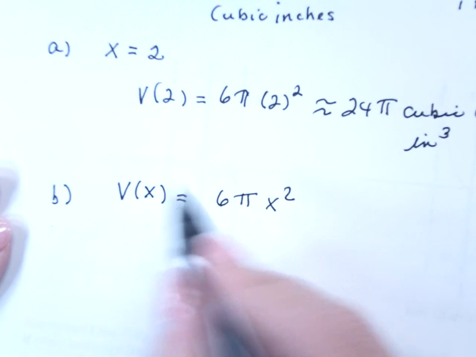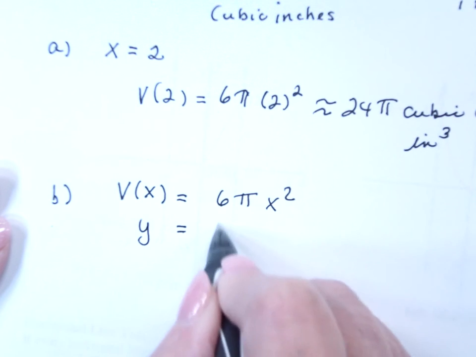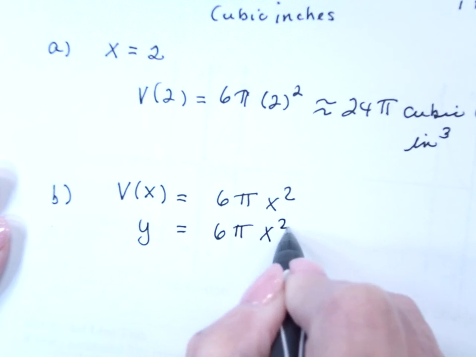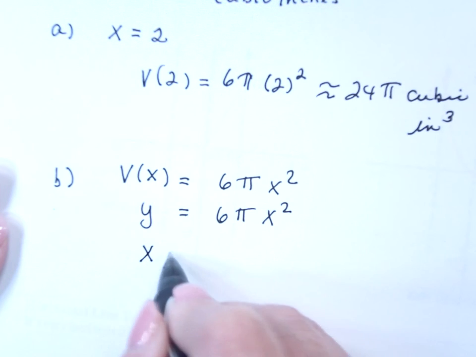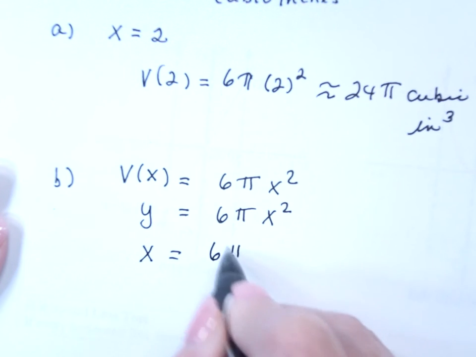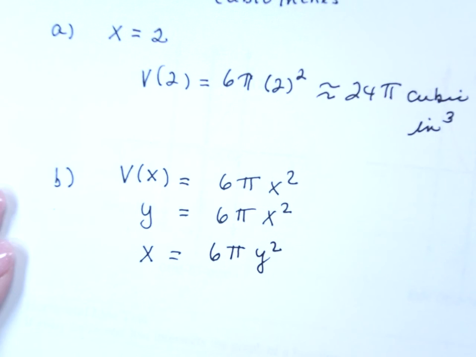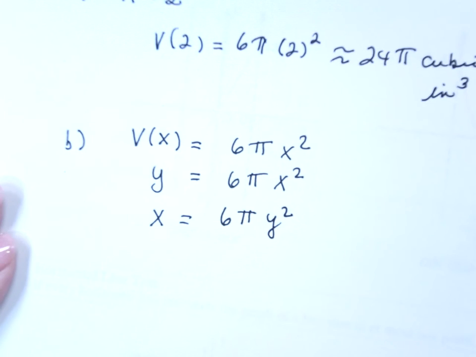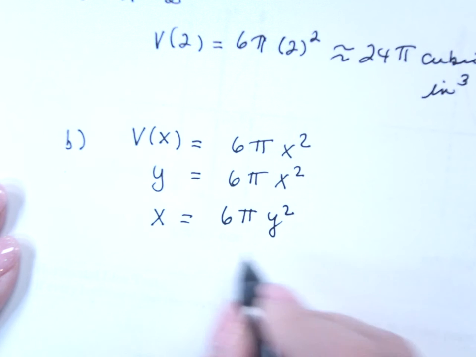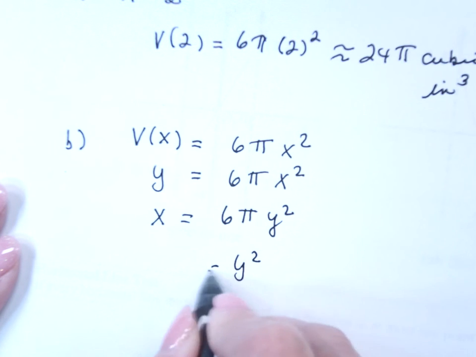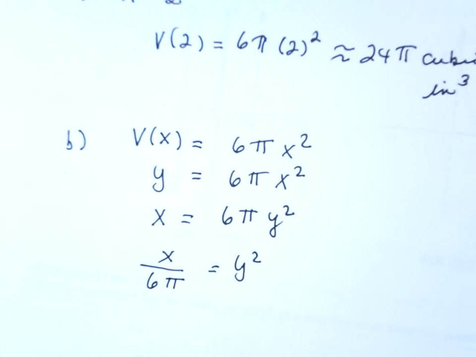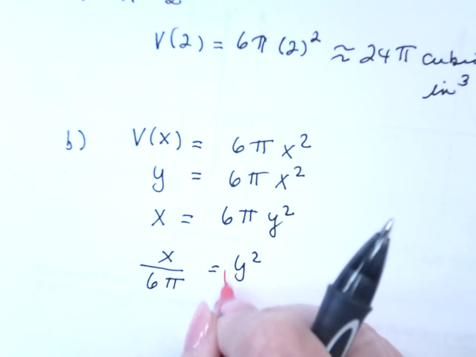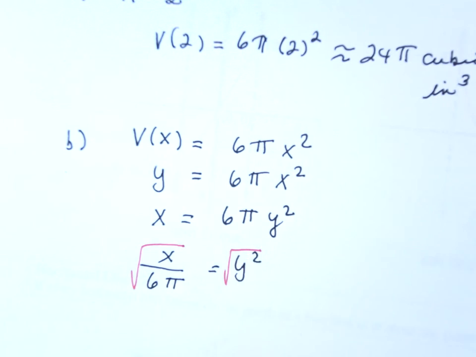We set this equal to y, interchange x and y, and then solve for y. This gives us that y squared is x divided by 6 pi. And in order to find y, I'm going to square root both sides. And by the way, it is a plus or a minus.